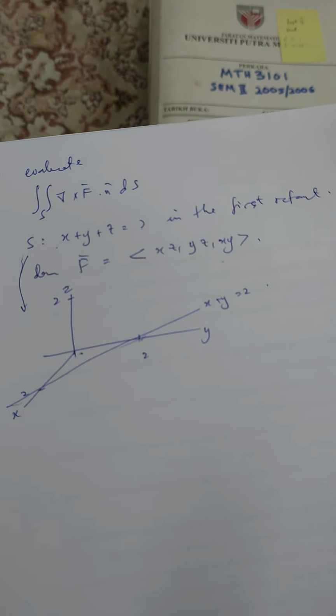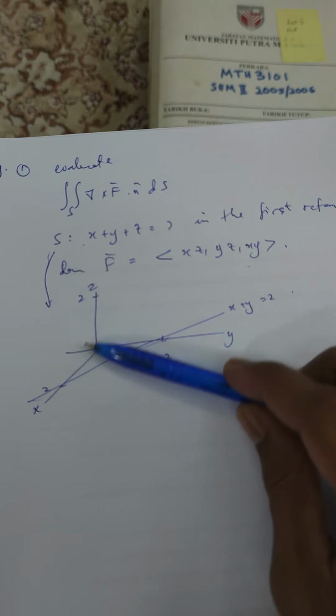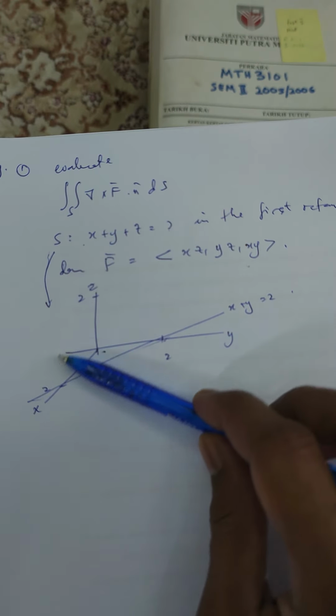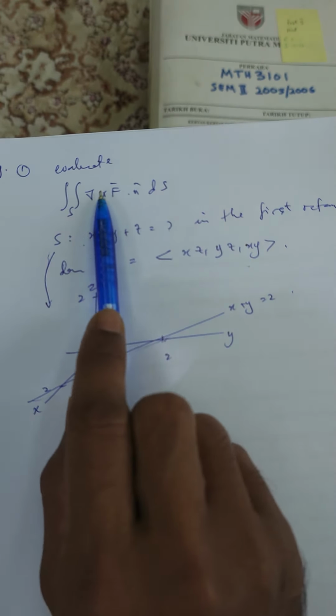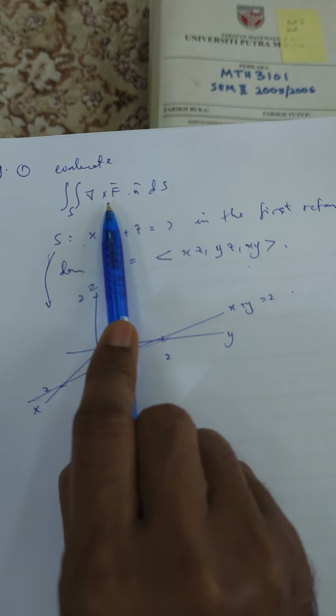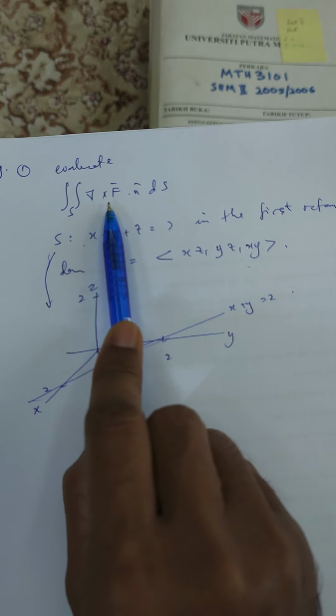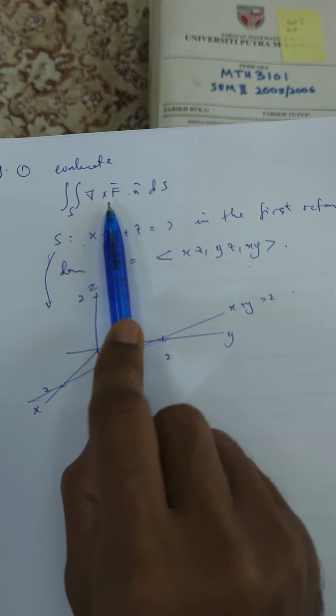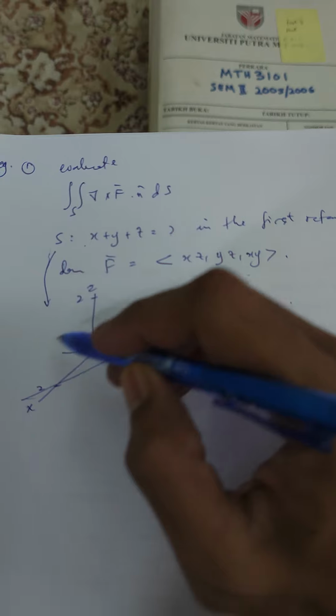On the xz plane, y is 0, so that gives x plus z equal to 2, a straight line intersecting at x equal to 2, z equal to 2.